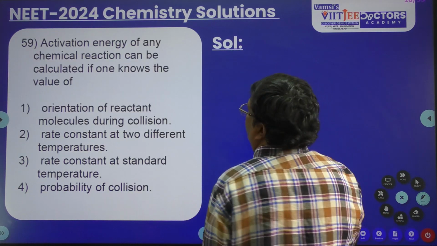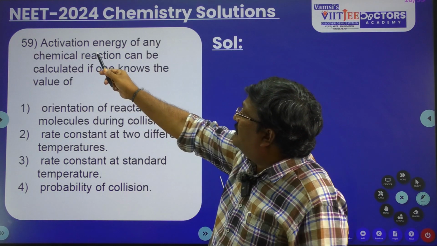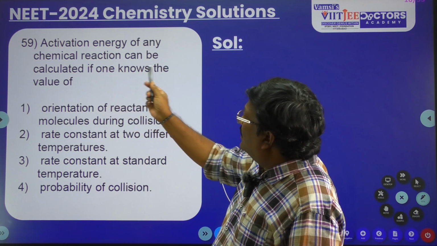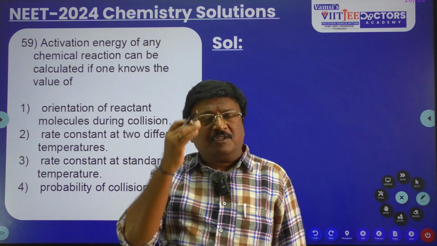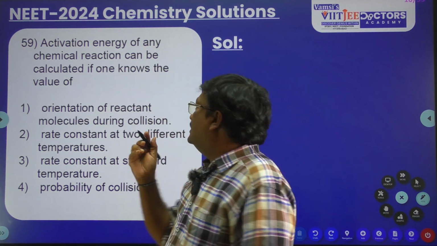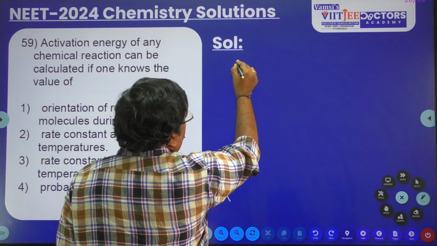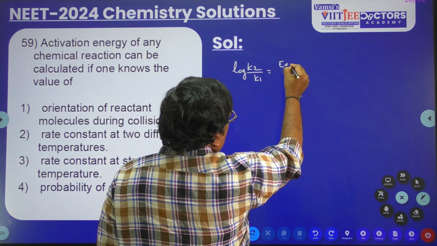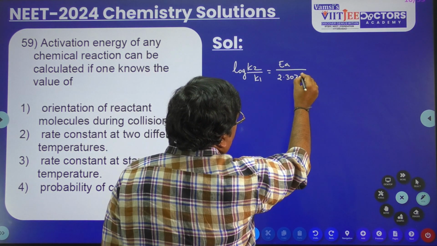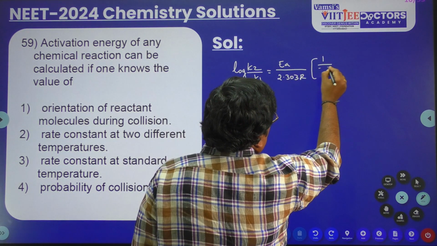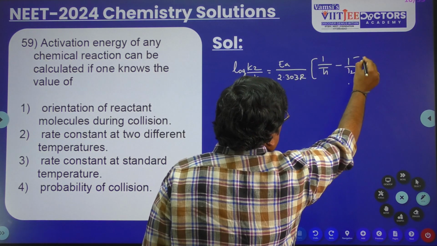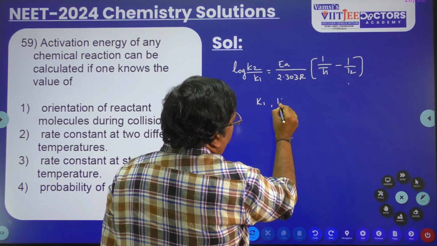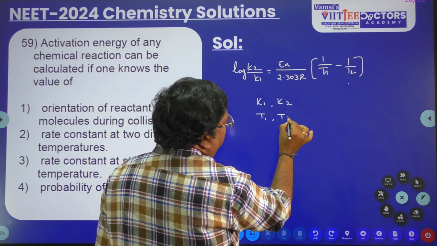And later, for the 59th question: activation energy of any chemical reaction can be calculated if one knows the value of... you have to write the activation energy formula. What is the activation energy formula? log K2/K1 = Ea/2.303 × (1/T1 − 1/T2). Here the rate constants K1 and K2 and the temperatures T1 and T2 are there.